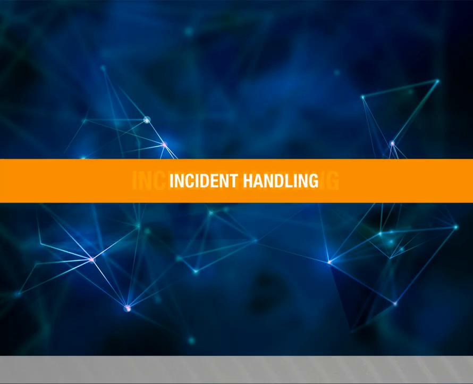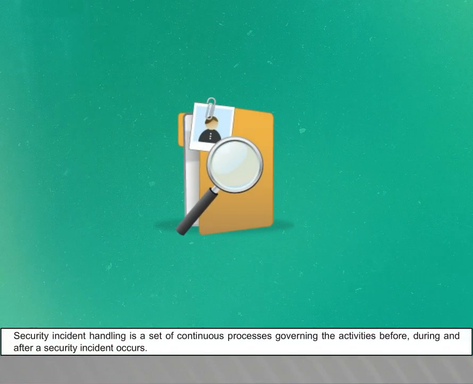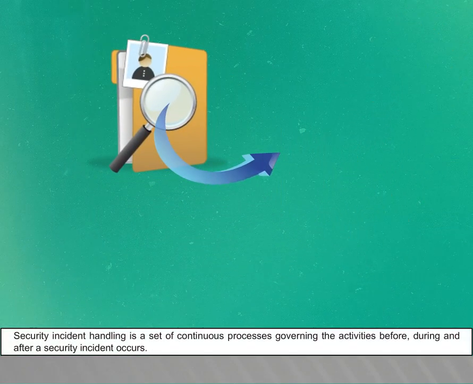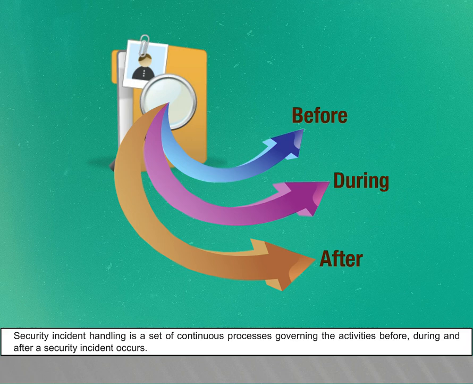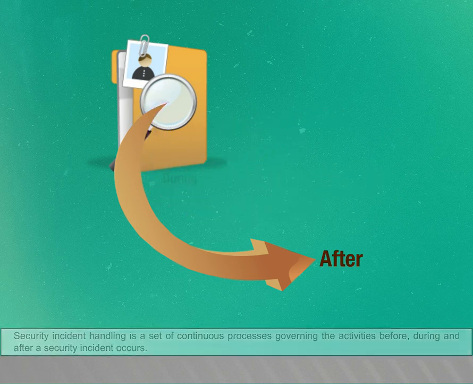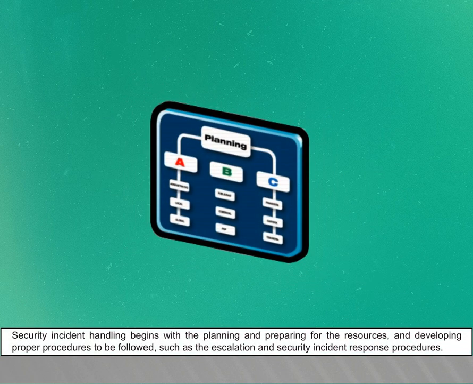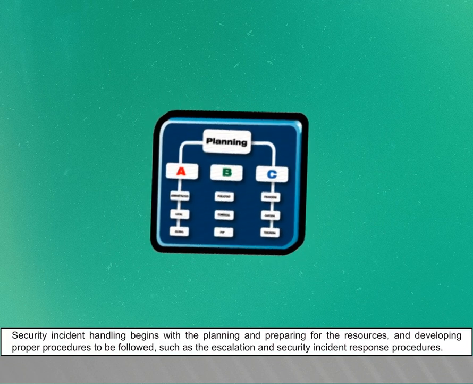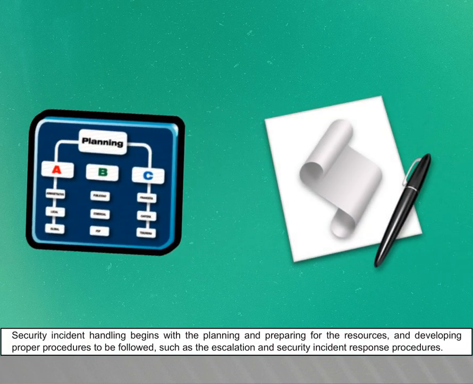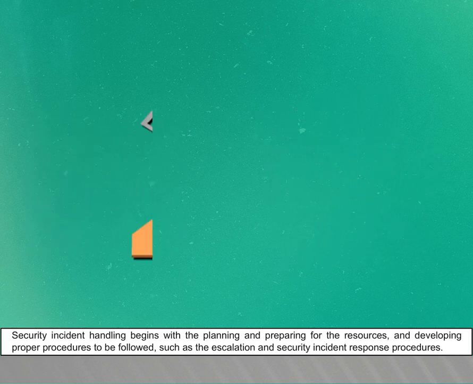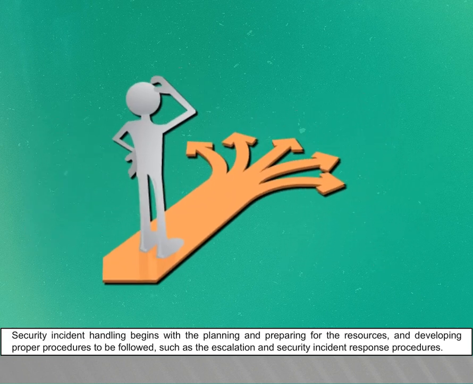Incident handling. Now let us see the animation of incident handling. Security incident handling is a set of continuous processes governing the activities before, during, and after a security incident occurs. It begins with planning and preparing the resources and developing proper procedures to be followed, such as the escalation and security incident response procedures.